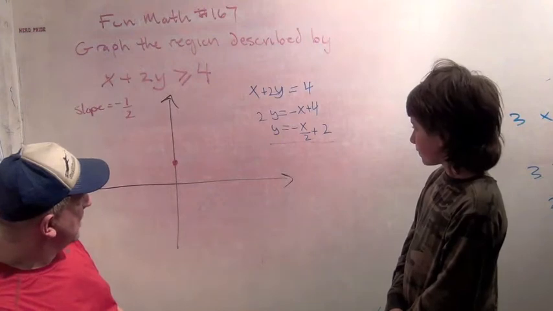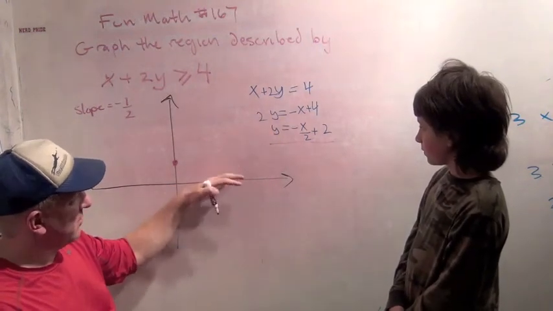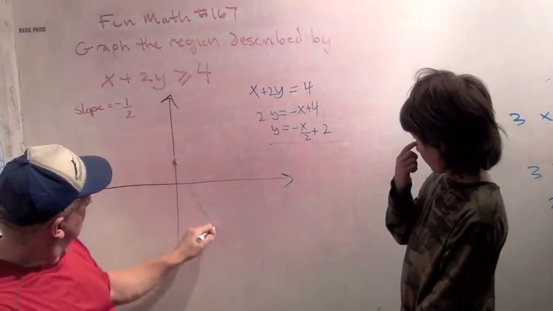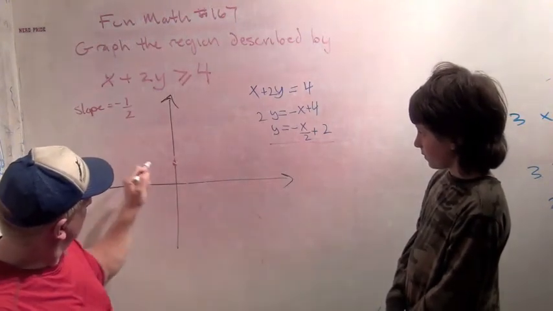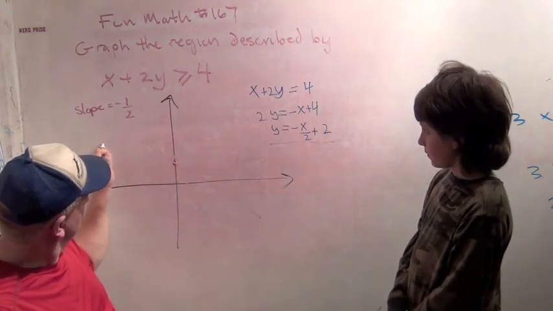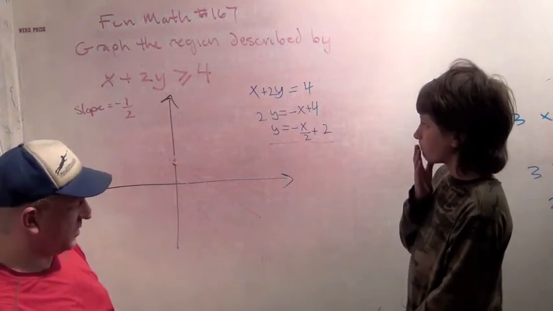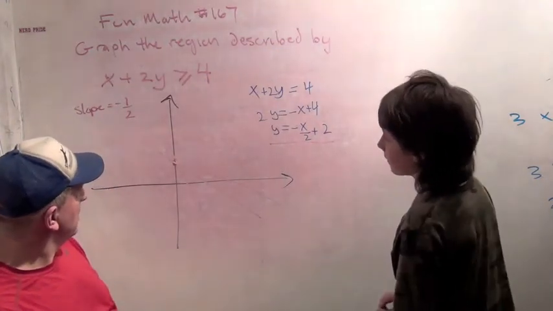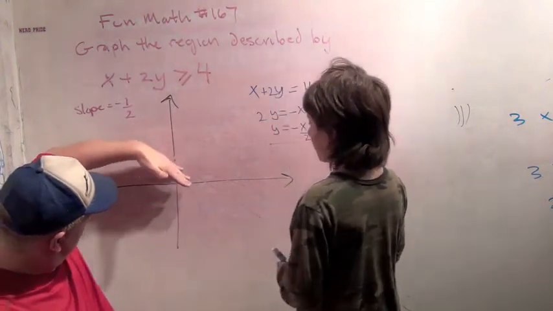Now I'm going to give you 3 possibilities for what this line might look like, so we don't just graph some points. Does it look like this? Does it look like that? Or does it look like that? Which line of those 3 is it? I think the third line.